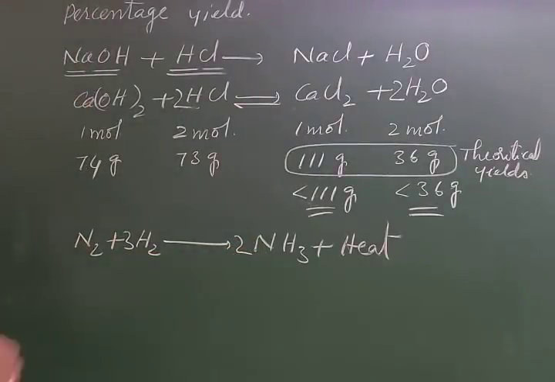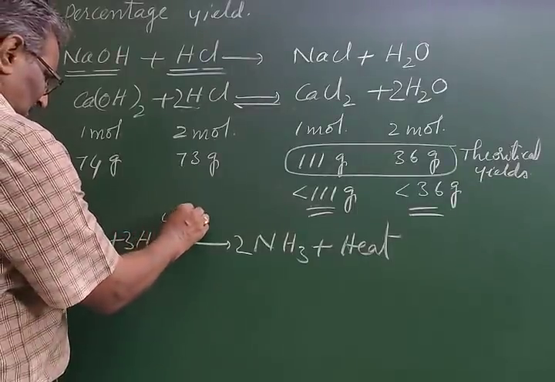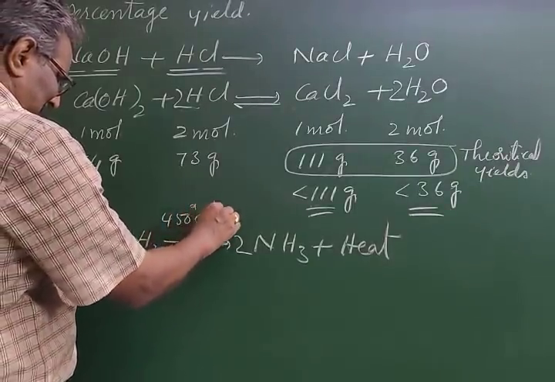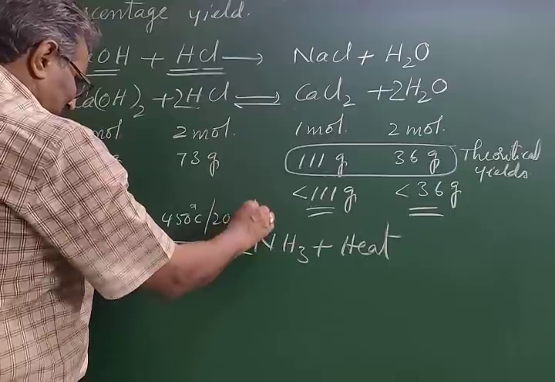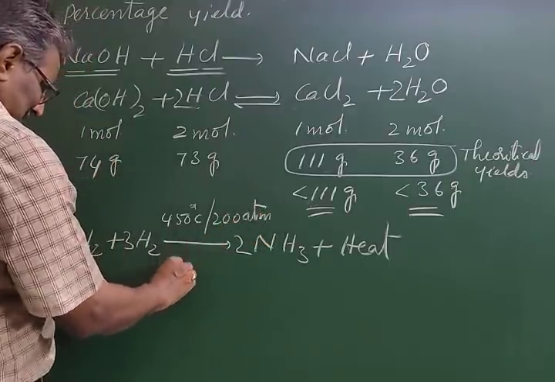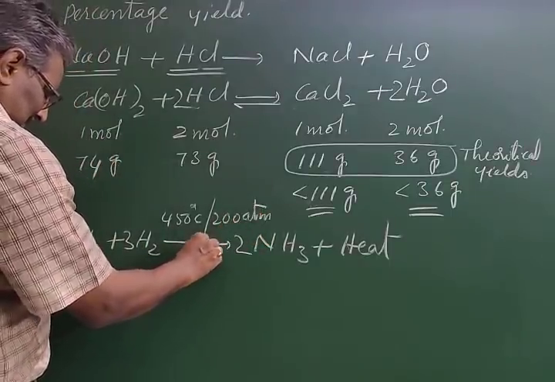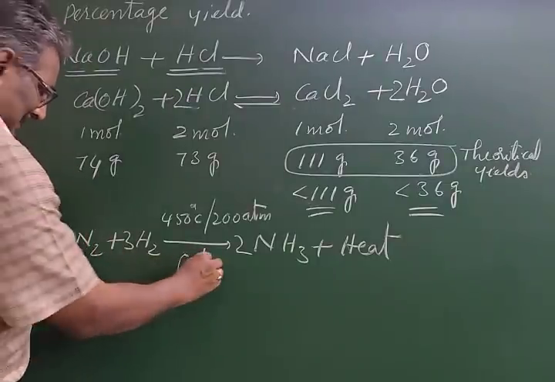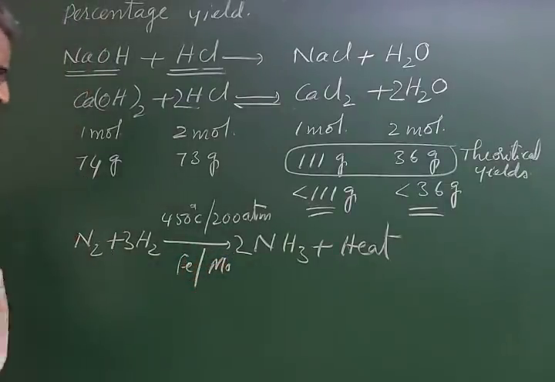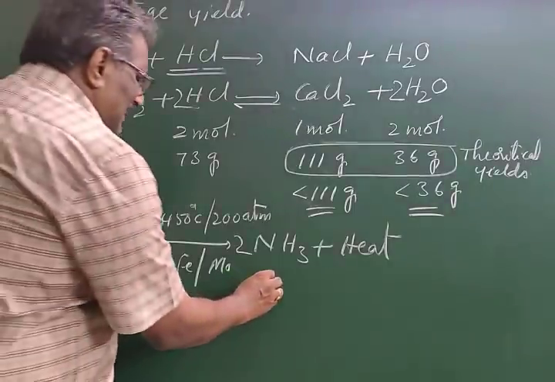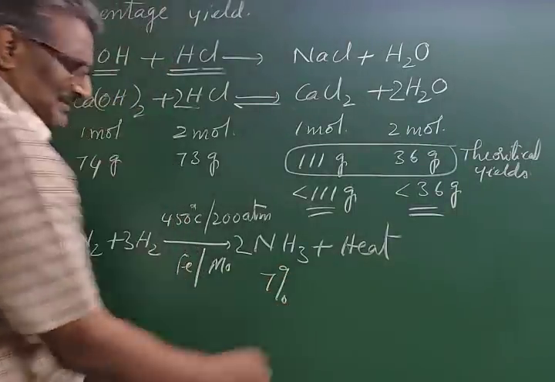The reaction needs special conditions like 450 degrees Celsius temperature and 200 atmospheres pressure, in the presence of iron as catalyst and molybdenum as promoter. Even when these conditions are created, the yield is only 7%.